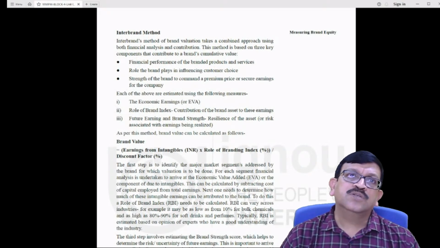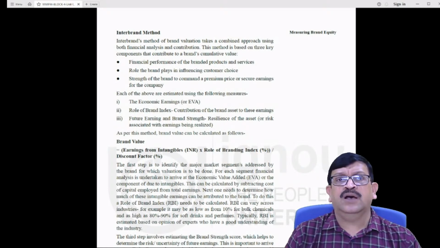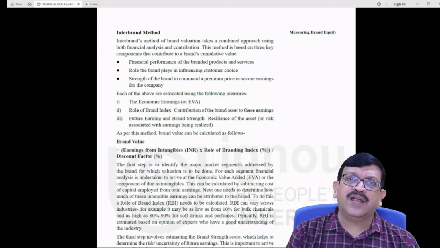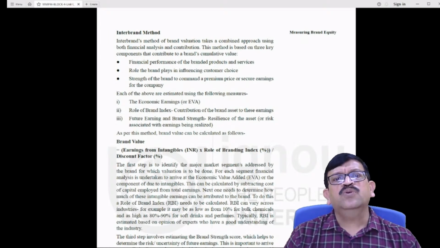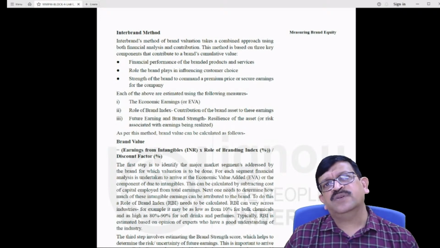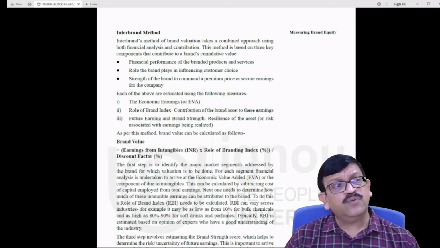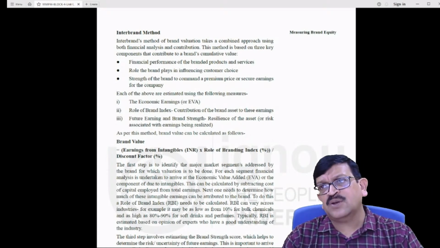One of the most sought after valuation methods has been created by Interbrand, which is a leading brand consulting firm based out of UK. They do phenomenal work, as I've told you before, in calculating the brand value, where they have looked into various aspects. They have looked into the financial analysis and the contribution.